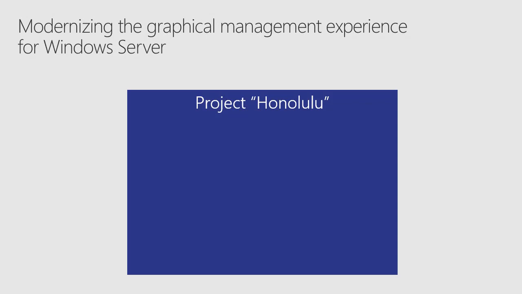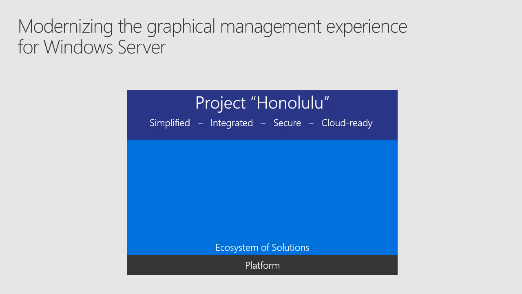Now, this is the graphic that Microsoft uses to lay the foundation for Project Honolulu and why it was built. You have Project Honolulu: simplified, integrated, secure, and cloud ready. It was actually built as more of a platform, and then it wants an ecosystem of solutions to be on top of it.